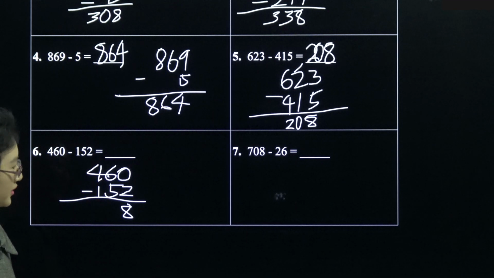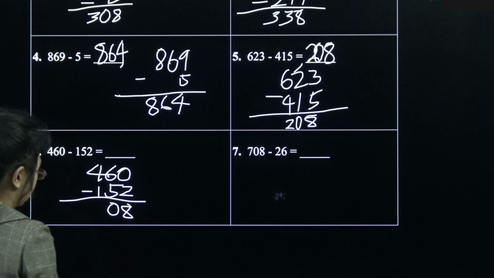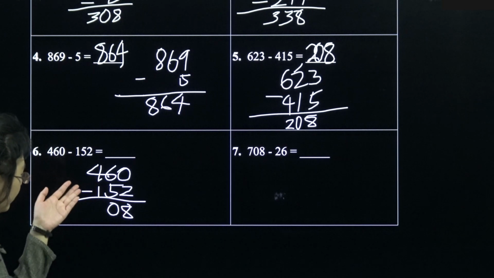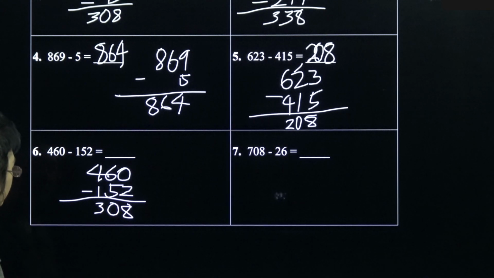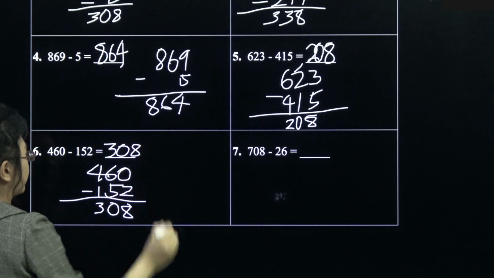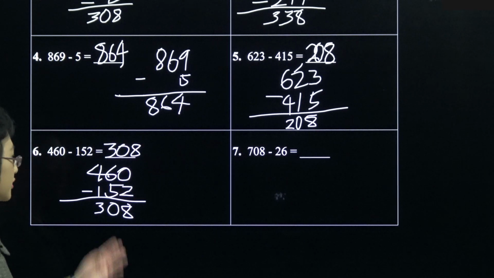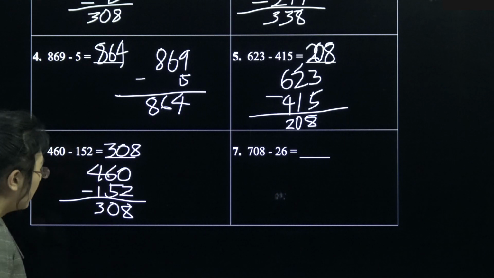So 6 minus 1 equals 5. And then that'd be 5 minus 5, which equals 0. And 4 minus 1 equals 3. Meaning that the answer is 308, or 308, because some people say 0 as O.